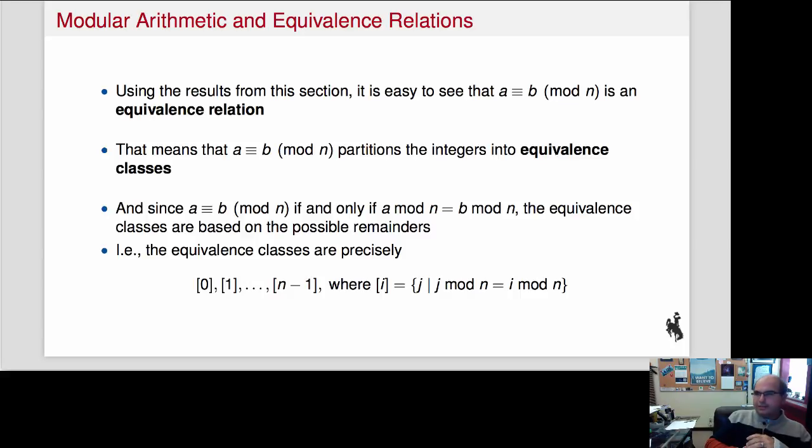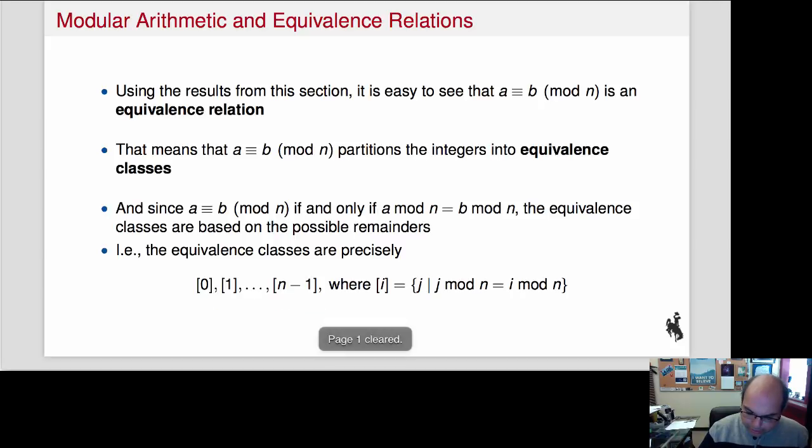And the equivalence classes are the remainders because A equal to B mod n is only possible if A mod n, which is the remainder, is equal to B mod n, right? So what I'm really looking at is all the possible remainders when I divide by n, and there's n of those, right? There's 0, 1, 2, up to n minus 1, right? And the equivalence class of i is just all of the j's that are equal to i mod n, all right?